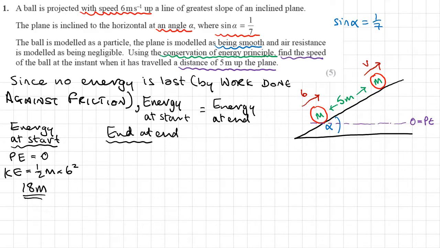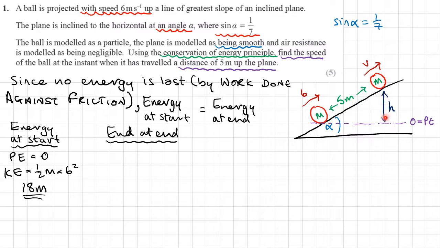Again, we'll look at potential energy and kinetic energy. Now for potential energy, the particle has moved up the slope. We want to work out the vertical distance that it's moved up the slope, which I'm going to call h. So basically what I've got here is a right angle triangle where this angle is alpha, the hypotenuse is 5, and I want to find this length here.